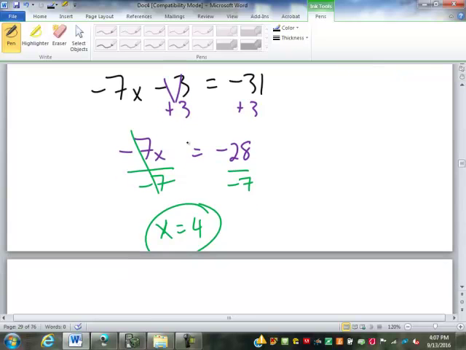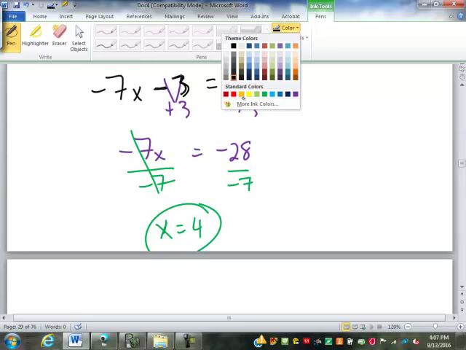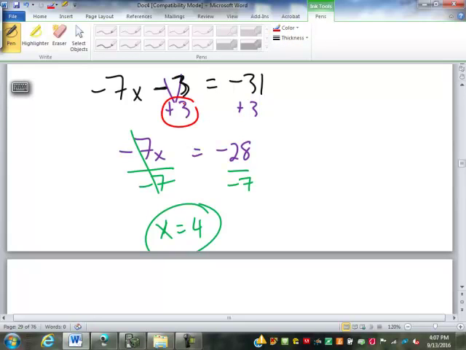Well, there's a way that some algebra classes teach that you move stuff from one side of the equal sign to the other. And if you do it that way, then you change signs. But we're not looking at it as moving things. We're taking stuff apart. So here, this was a -3. To get rid of it, we had to add 3 because a +3 cancels out a -3.